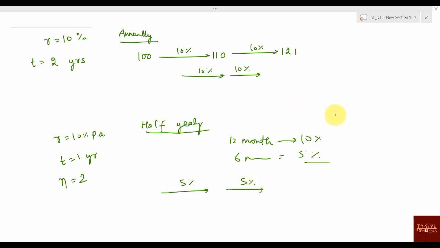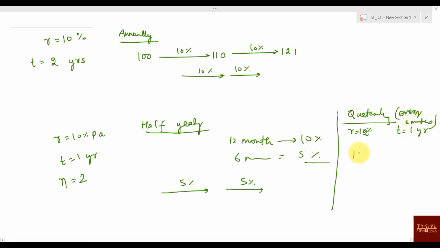Same thing if I say that it is happening quarterly. Rate of interest is 12% and your time is 1 year, and it is quarterly compounded. Quarterly compounded means every 3 months.